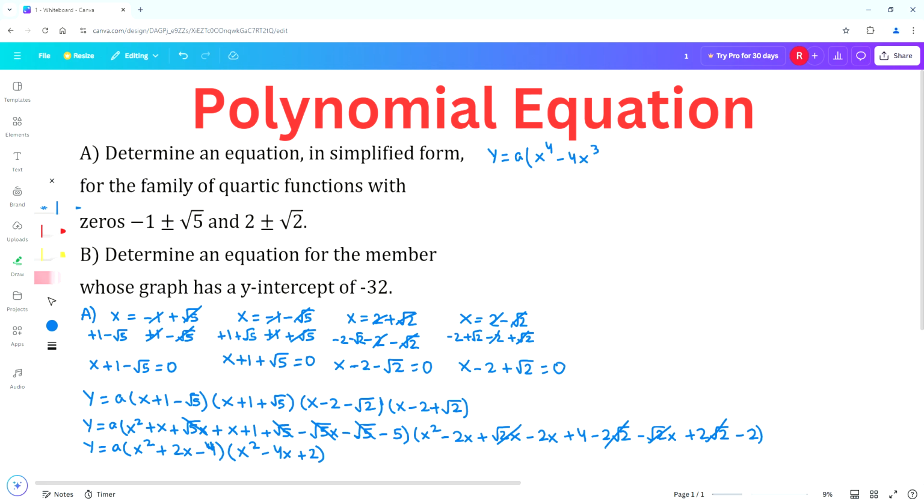X squared times 2 is 2x squared. 2x times x squared is 2x cubed. 2x times negative 4x is negative 8x squared. 2x times 2 is 4x.